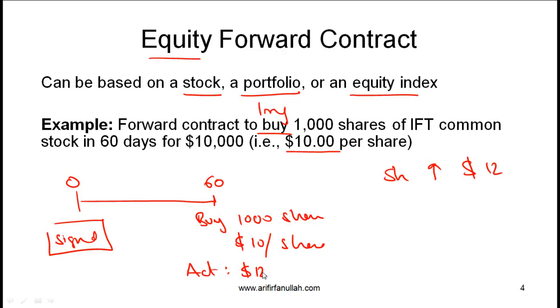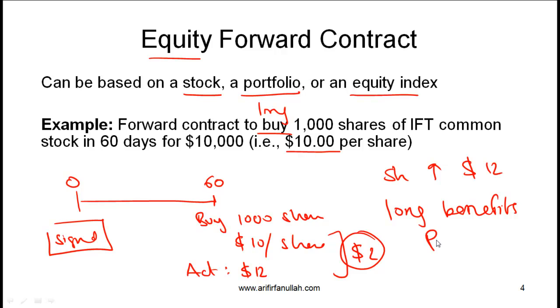You have this contract that says you can buy for 10, so you will get each share for $10, and then you could go into the market and sell it for 12. So on a per share basis you have made $2. And this illustrates the critical point that the long benefits when the price of the underlying goes up, and similarly the short benefits if the price goes down.